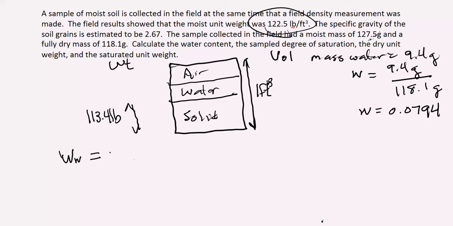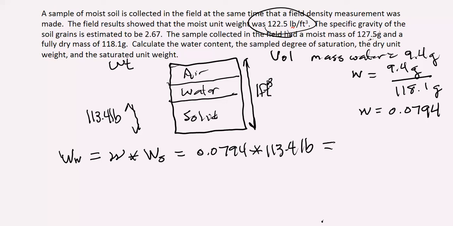So I can get that from the water content multiplied by the weight of the solid, which is equal to 0.0794 multiplied by 113.4 pounds, and I got a weight of water equal to 9.0 pounds. So that's what goes up here. Next, the weight of the water is equal to 9.0 pounds.